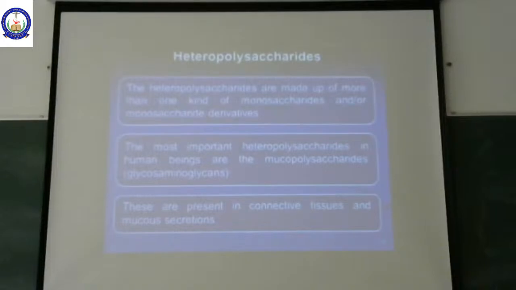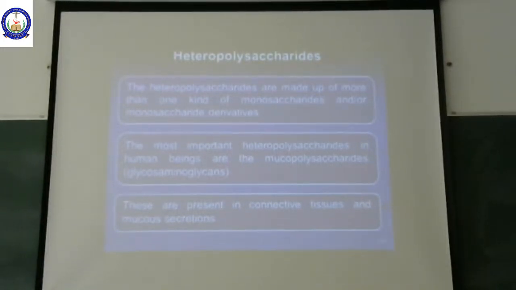The most important heteropolysaccharides in human beings are the glycopolysaccharides, also known as glycosaminoglycans. These are present in the connective tissue and the mucous secretions.